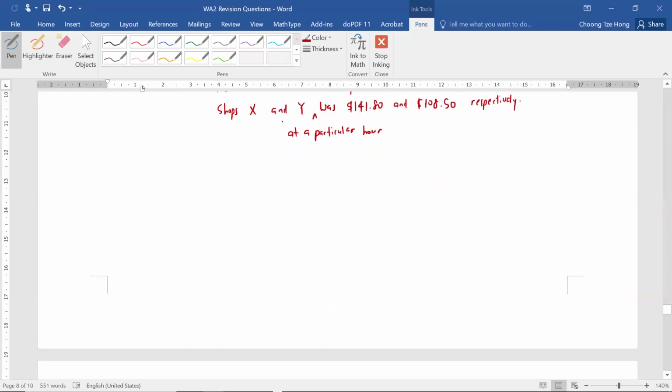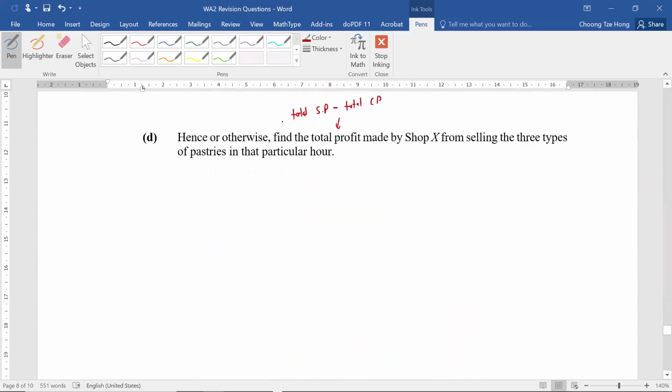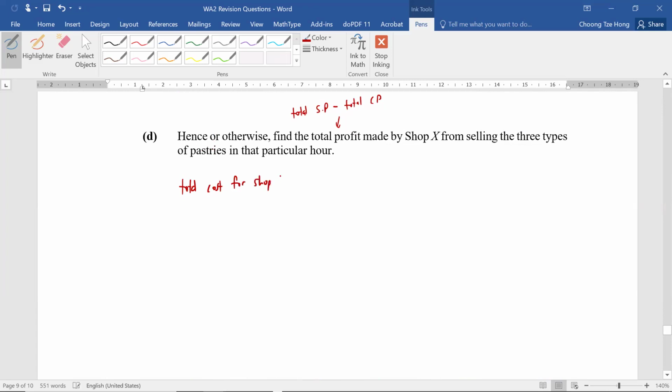So the total cost for shop X: we take the number of curry puff sold, chicken pie sold, and donuts sold for shop X, and multiply by the matrix for the cost price. So this is a 1 by 3 and then 3 by 1, so you'll end up with a 1 by 1 matrix.